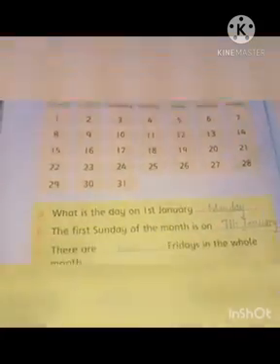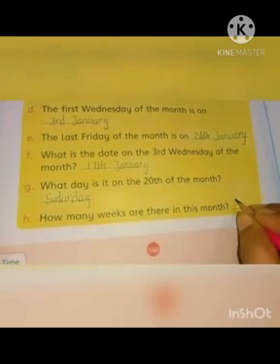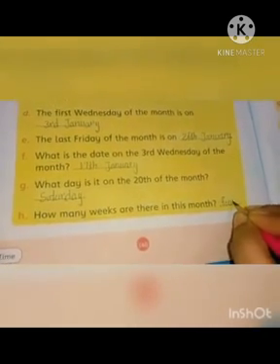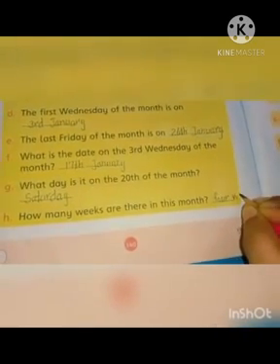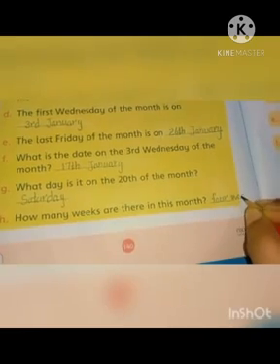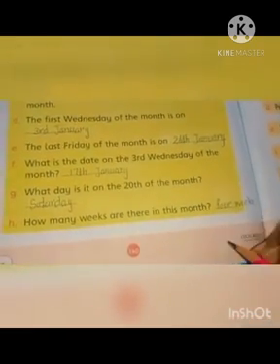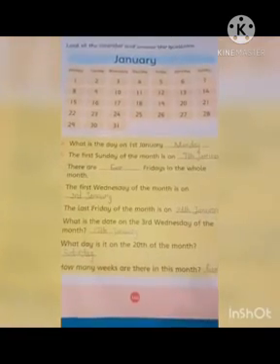So we are going to write 4 here. F-O-U-R. 4 weeks. W-E-E-K-S. Weeks. 4 weeks. We complete our today's work.